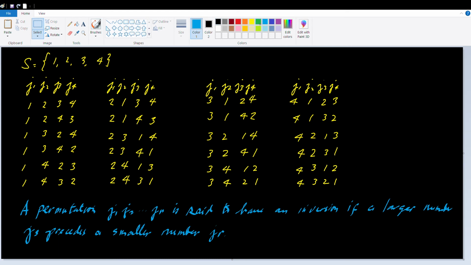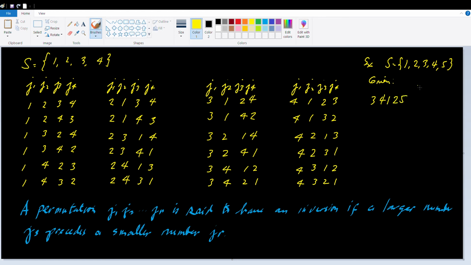So let us have an example. I'm trying to preserve the permutations of S containing the numbers 1, 2, 3, and 4 because we will use that later. So, supposing that S contains the numbers 1, 2, 3, 4, and 5, and you are given the permutation 3, 4, 1, 2, 5.